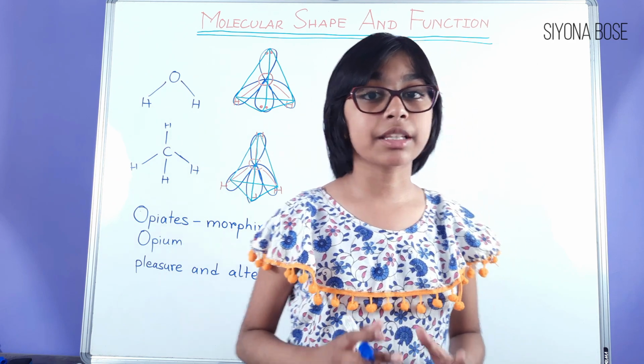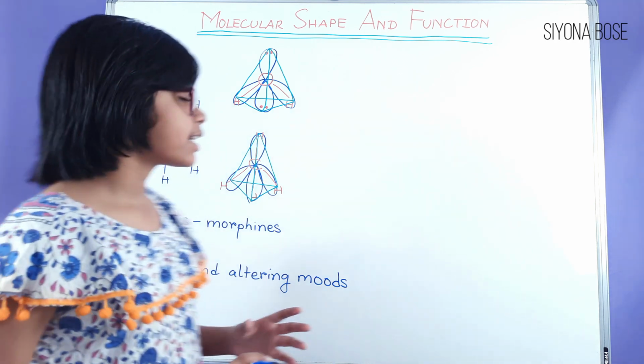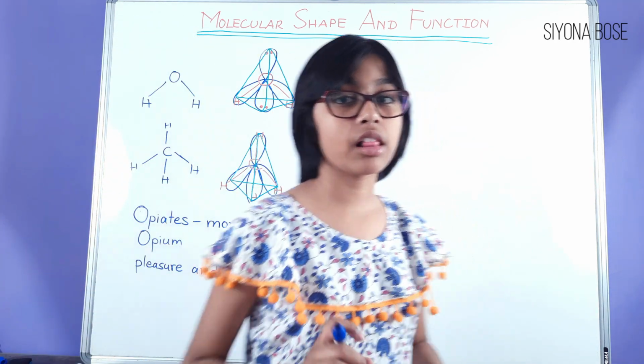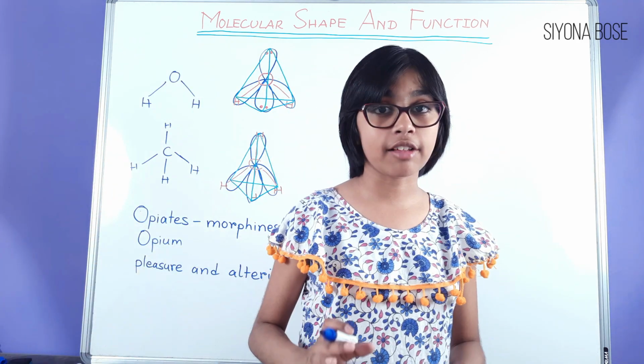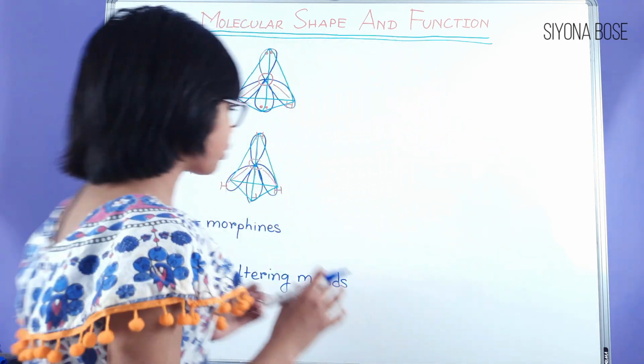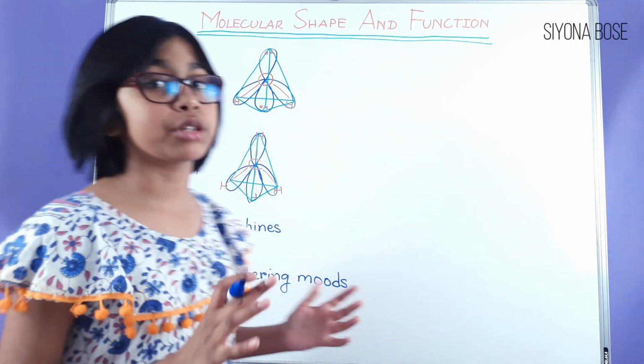There are receptors in the brain, so when we consume morphine, the receptors in the brain recognize it and it attaches to them, leading to whatever function is supposed to occur, meaning pleasure and altered moods.